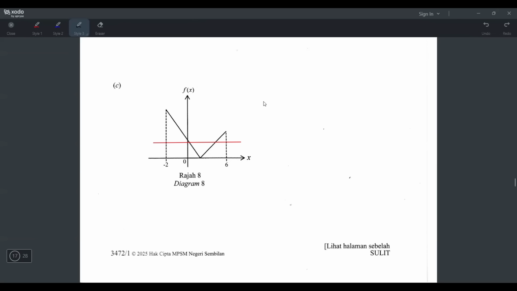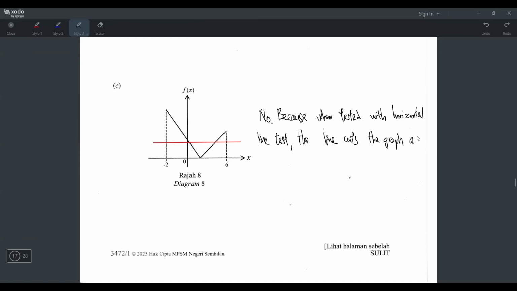So what do you have to write here? No. For the reason, you can write: because when tested with the horizontal line test, the line cuts the graph at two different points.